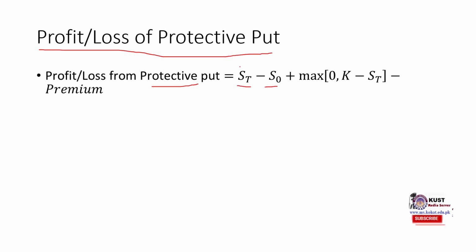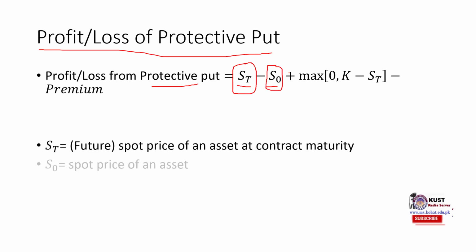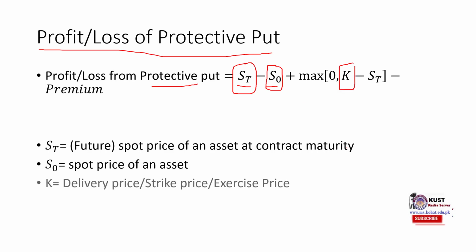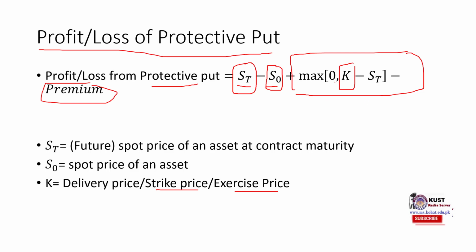ST minus S naught. ST is the future spot price, S naught is the spot price. Plus maximum of 0, K minus ST, where K is the delivery price, strike price or exercise price, the price that we have entered into the contract, minus the premium. If you remember this part, maximum of 0, K minus ST, minus premium, this is the formula of a long put option.